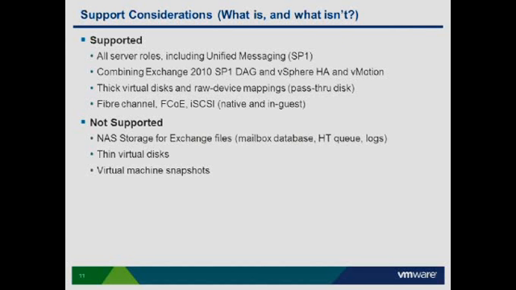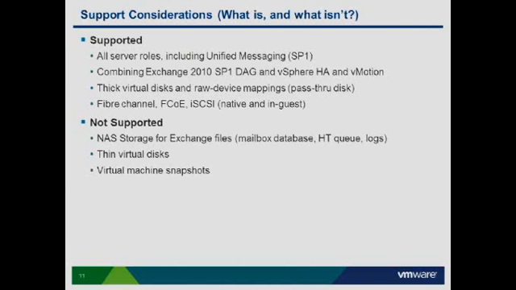So what specifically is supported and what is not supported? All the server roles are supported as far as virtualization is concerned. Unified Messaging, you have to be running Service Pack 1. And this is from the TechEd timeframe; this was announced right around the time when they announced the next one.